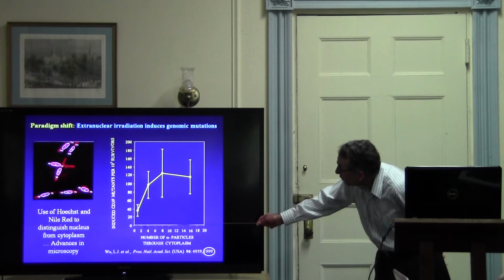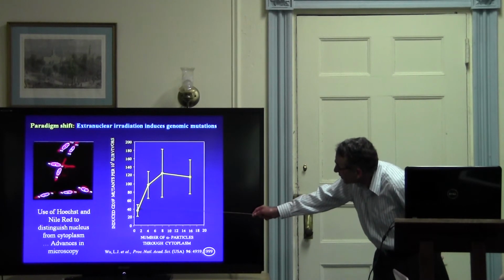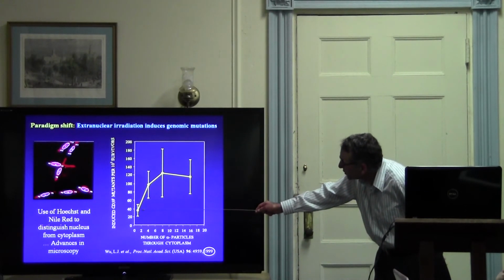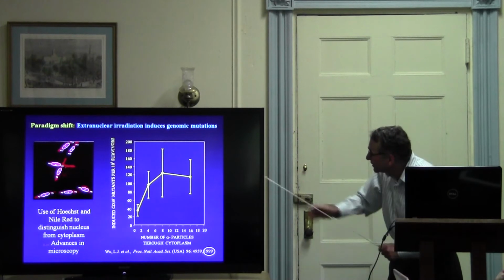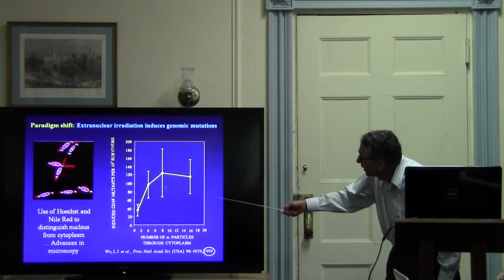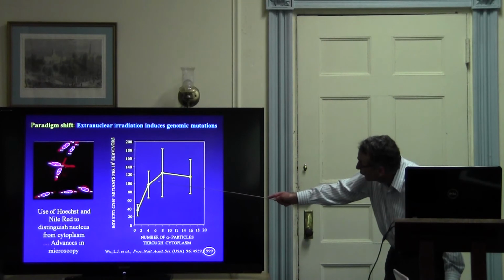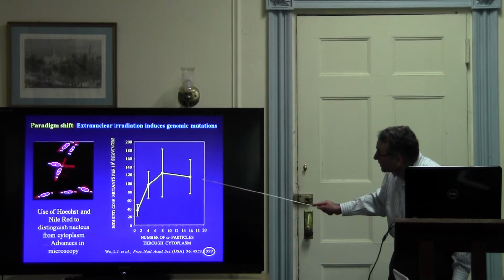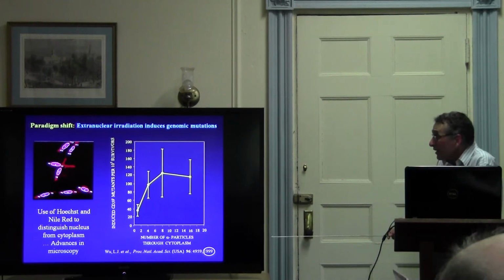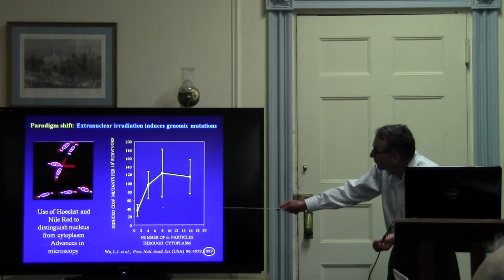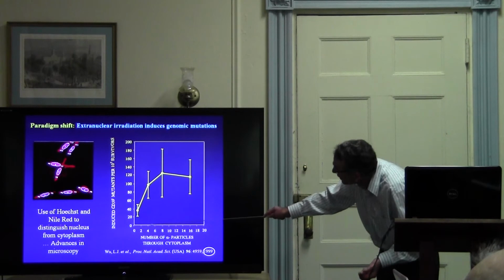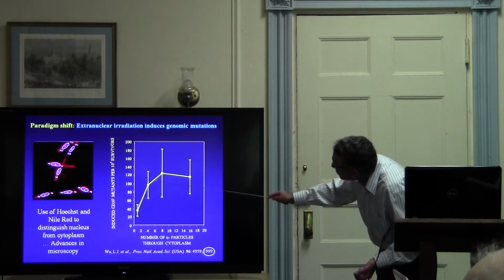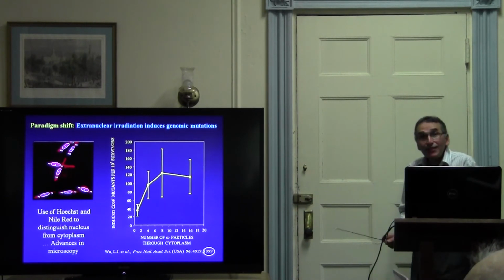So when they deposited 1 alpha, that was the mutation frequency, and then they went on to deposit either 4 alphas, 6 alphas, or 16, 18 alphas.